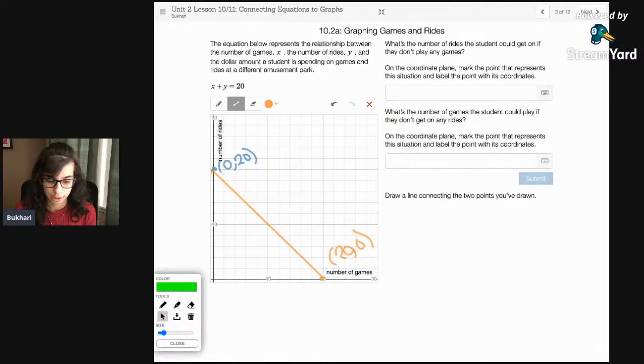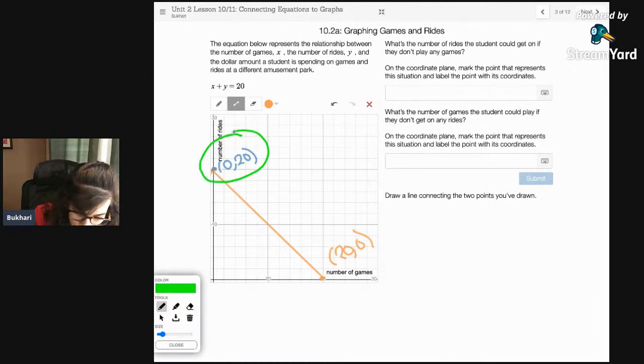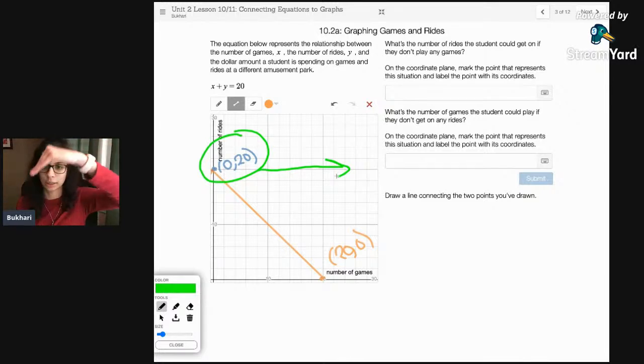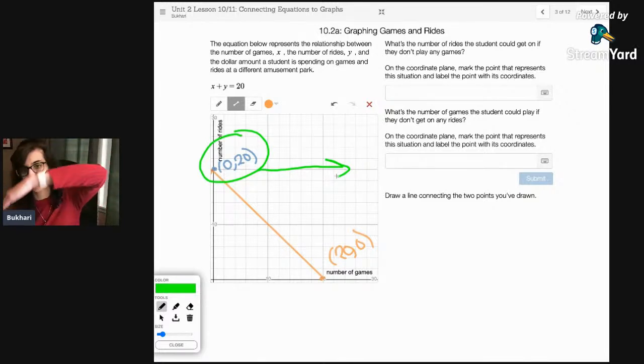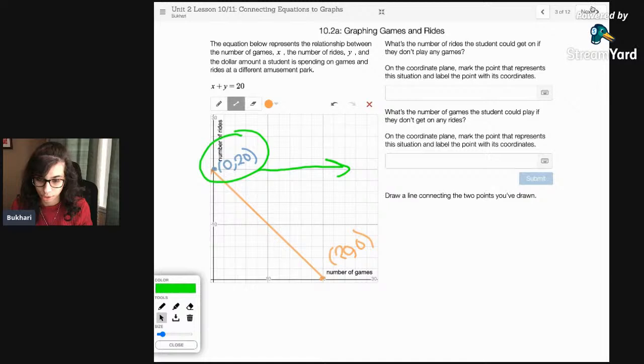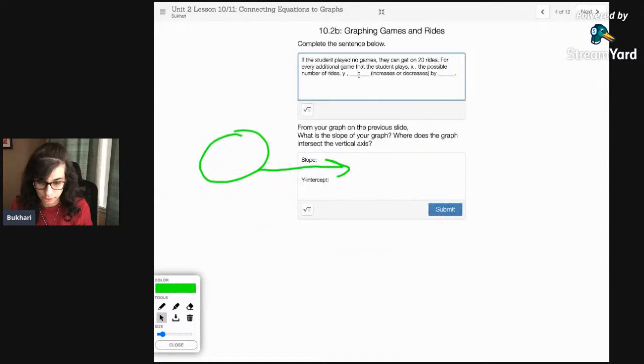If they start off playing 0 games here, as they play more and more games, we notice that it's decreasing. We can see that our graph is decreasing, and so we know that it is decreasing by a factor of 1.